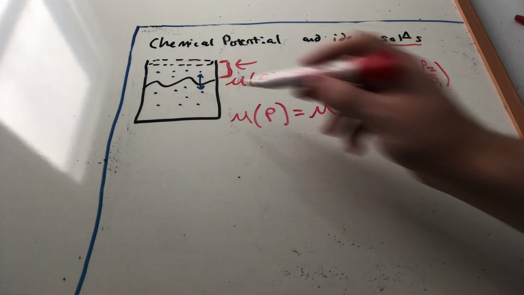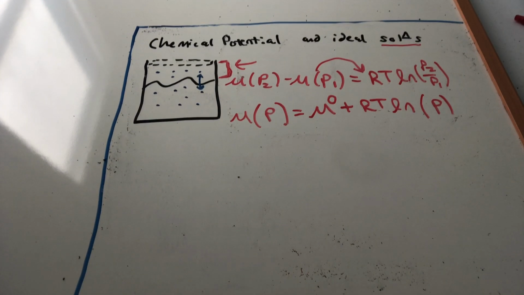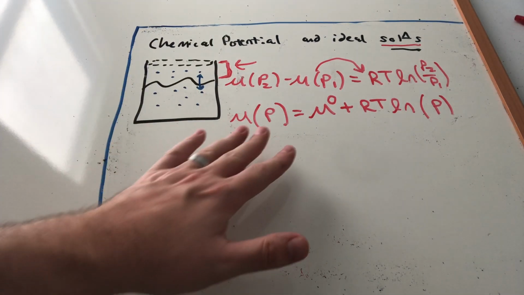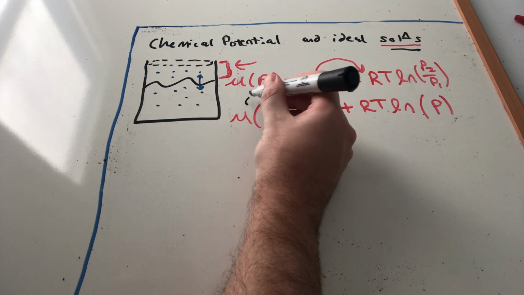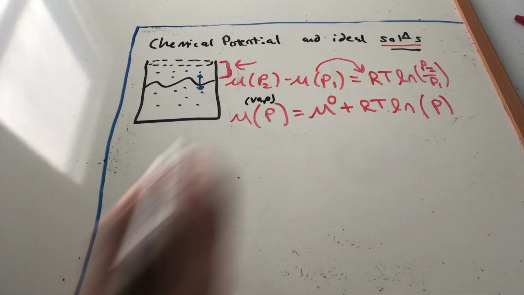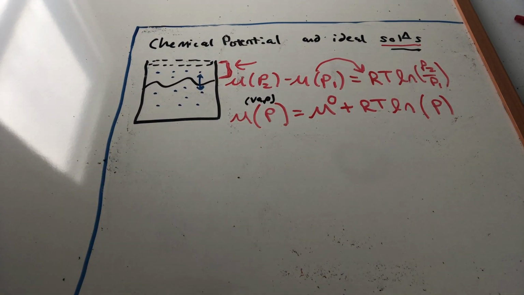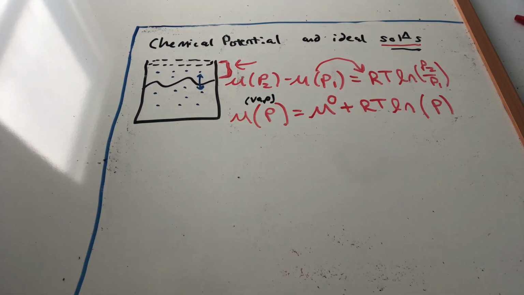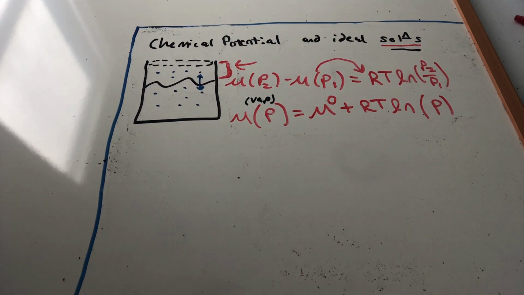But at equilibrium, this vapor chemical potential is the same as the liquid chemical potential. And I know I said that a bunch, but it's important. The other thing we're going to do here, because we're eventually working towards information about solutions, is remind ourselves of a couple things. This is the chemical potential for the vapor, so we're going to use that as a superscript indicator. This is mu for the vapor. That depends on the pressure.